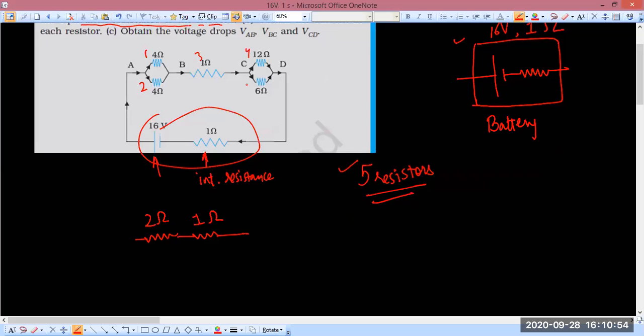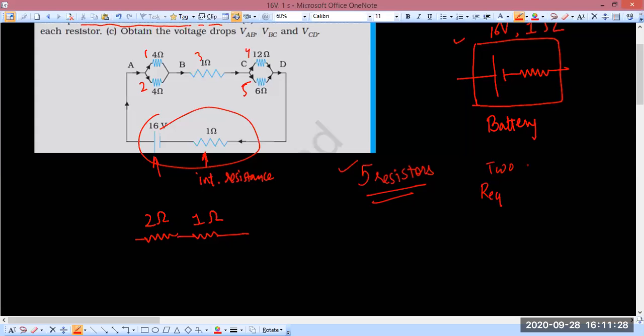And now what about 4 and 5? Yes, they are in parallel. Very good. And their equivalent will be? Yes, very good, 4 ohm. Now you could use this for 2 resistors in parallel.